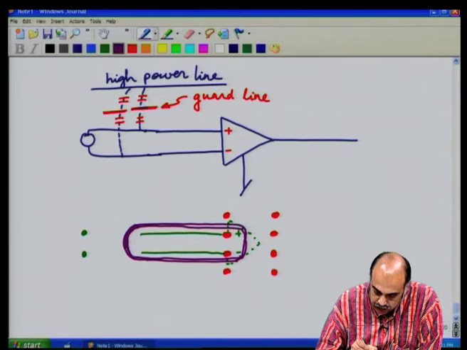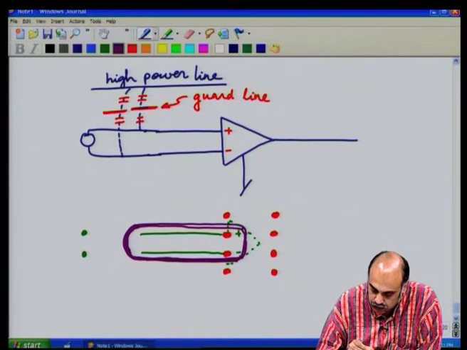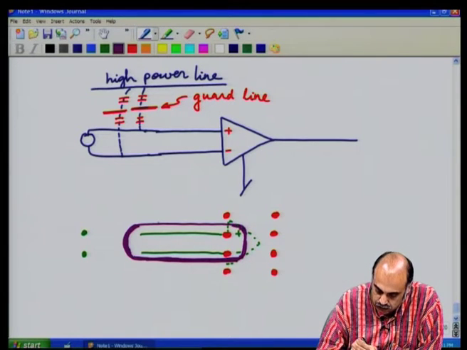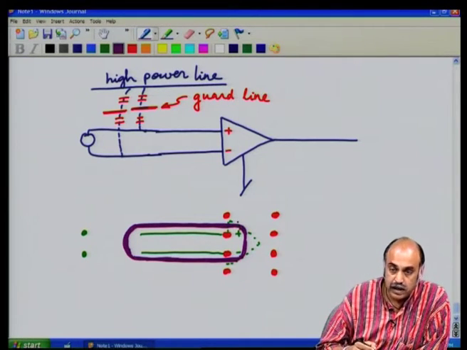After you have put a track like this here, you need to give it a potential, and normally we give it the lower potential, that is the minus potential.